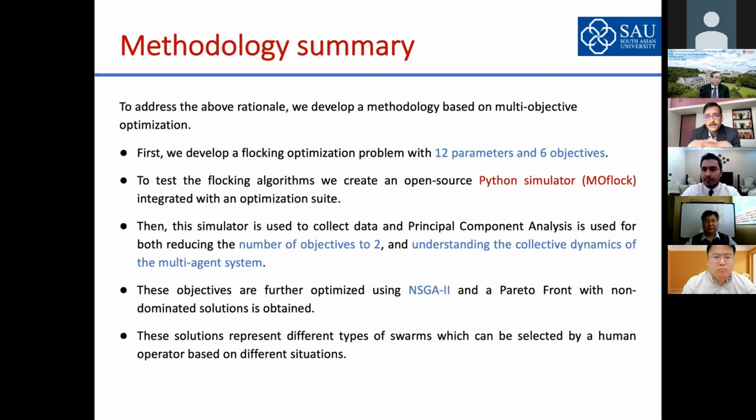Using PCA, principal component analysis, we reduced these 6 objectives to 2 objectives, and we also used PCA to understand the collective dynamics of the multi-agent system. Then this 2-objective optimization problem is solved using NSGA2, and a Pareto front is obtained. This is the first time we have done this, to the best of our knowledge.